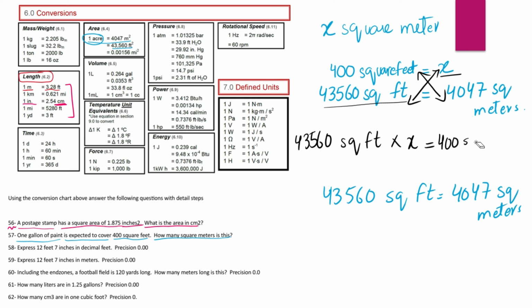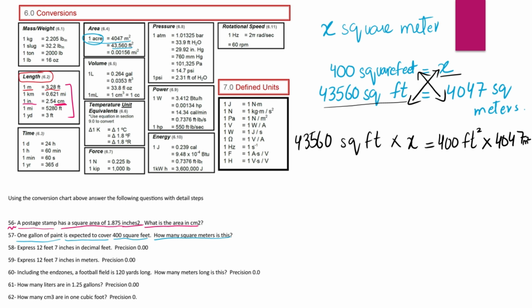I'm writing feet square and meter square. Both are the same thing. You can write square meter or meter square, both are the same thing. Let me just remove this. Now you can just do the multiplication.